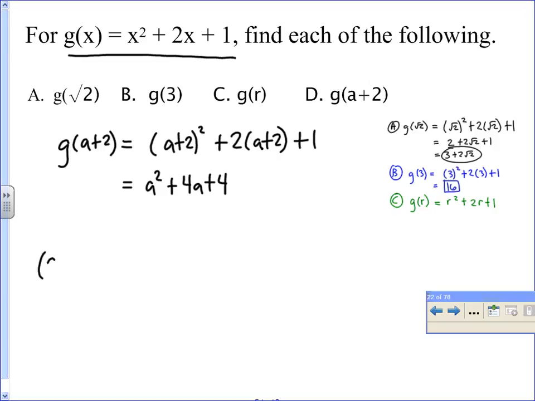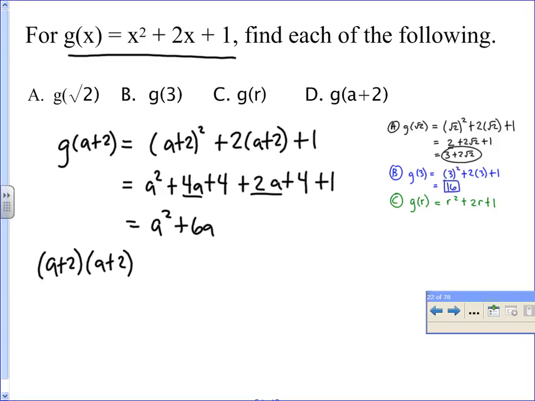You can also write that out as a plus 2 times a plus 2 and do your FOILing process if you don't know the shortcut. Here I distribute the 2 and I get 2a plus 4 plus 1. And then I end up with a squared, combine my like terms, plus 6a, and then plus 9. Okay, and this is what I end up with here.